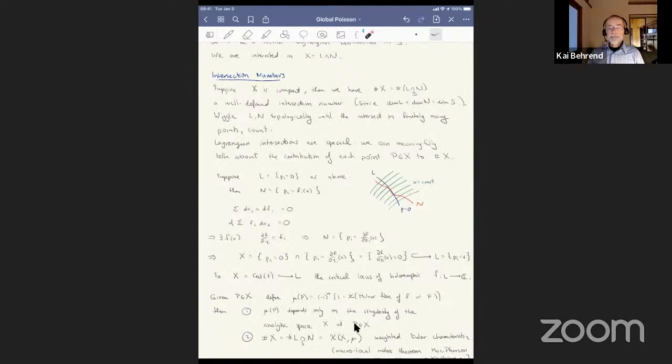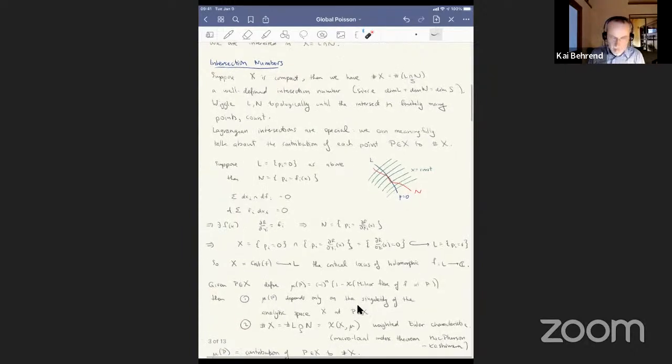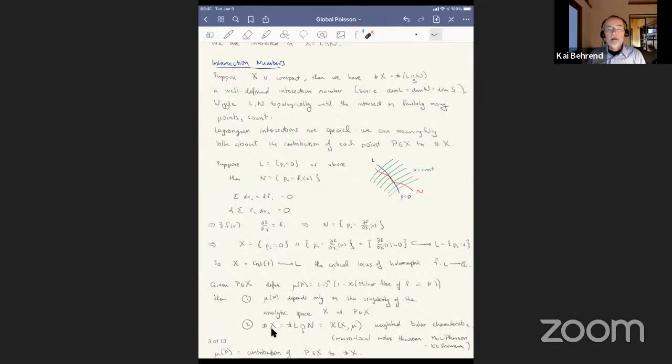So it has lots of singularities, including lots of nilpotents in its structure sheaf, and just the structure of that singularity determines this number mu of P. And then it's a fact that this intersection number of the two Lagrangians that I defined above is actually the weighted Euler characteristic of this intersection, weighted with respect to this number.